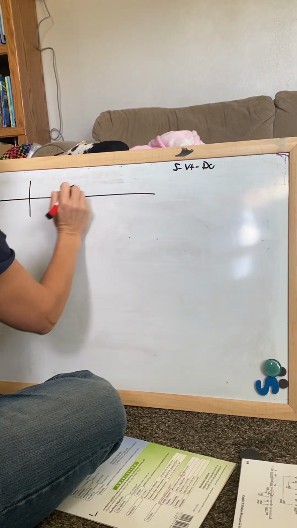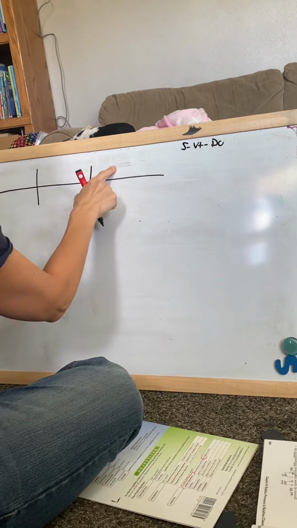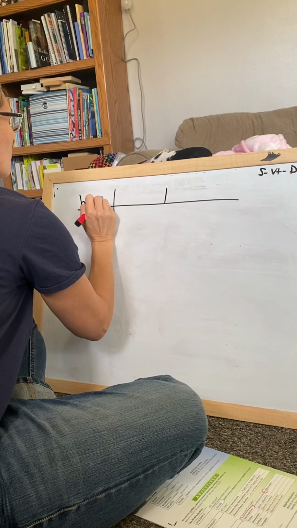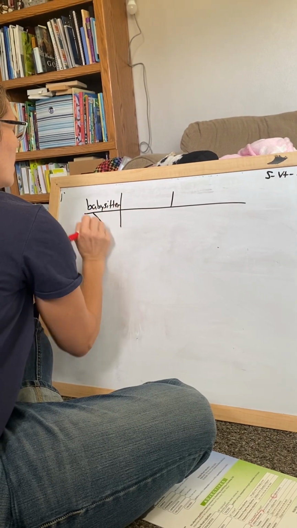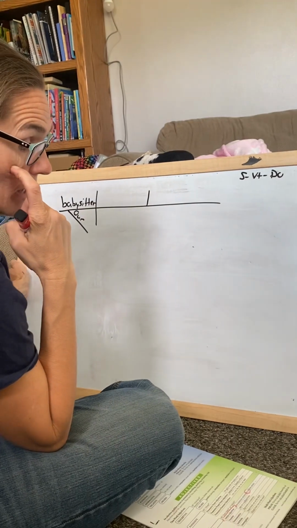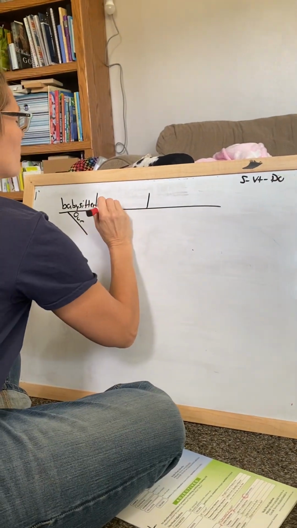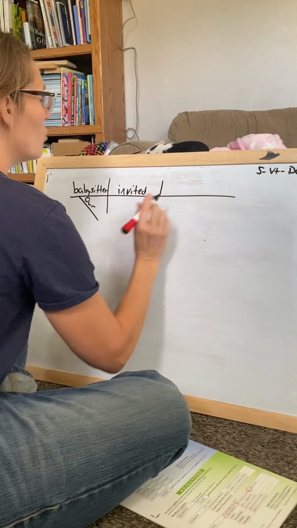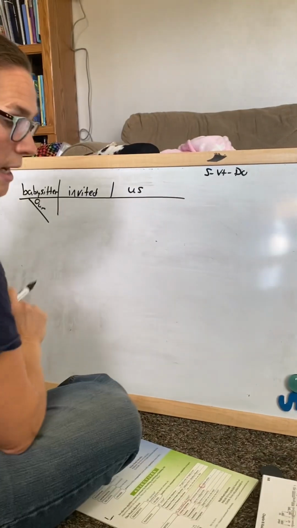So I'm going to set it up like this. SVTDO. Babysitter invited, who or what? Us.